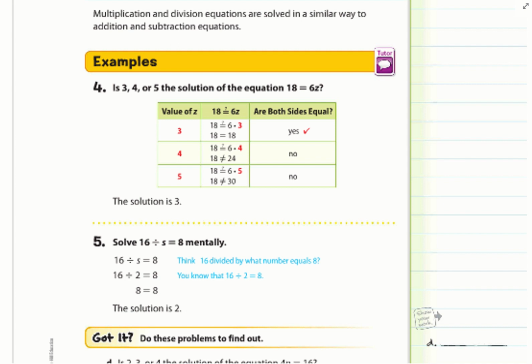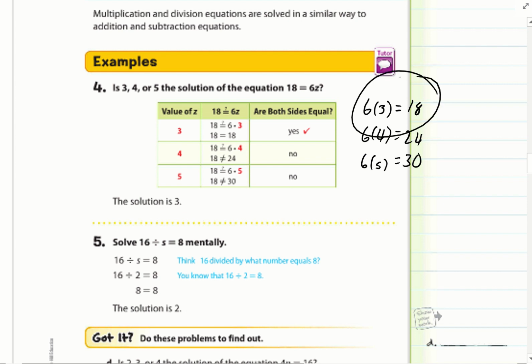Alright, example 4. So now we're going to be working with multiplication or division. So same thing: is 3, 4, or 5 the solution to the equation 18 equals 6z? So we have to put 3, 4, 5 into z to find out which one works. So if z equals 3, 6 times 3 does equal 18. 6 times 4 equals 24, and 6 times 5 equals 30. So the one I want is going to be z equals 3. So the solution is 3.